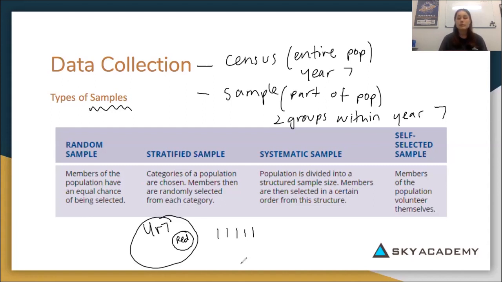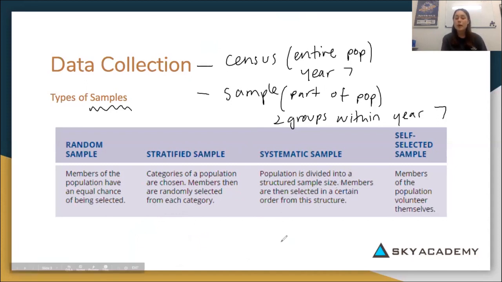Next, we have systematic sampling, and this is where a population is divided into a structured sample size. So for example, you might be at a production line in a factory.